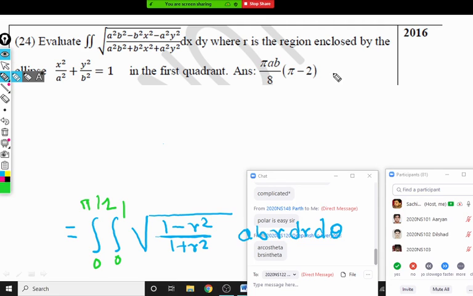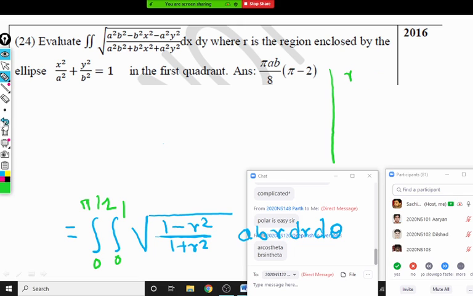I will do the substitution like this. You can take only r square equal to t or r square equal to t square. It doesn't matter.